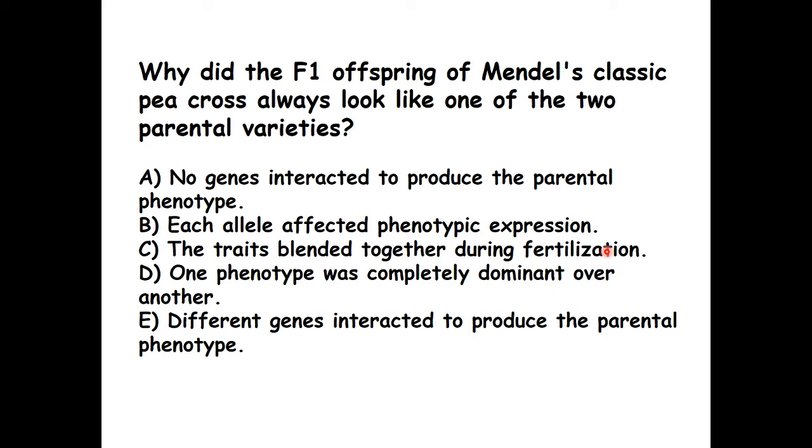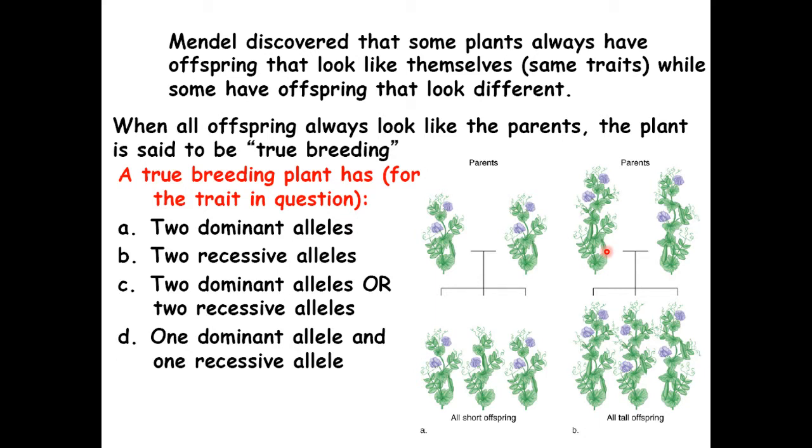Okay, you should know that, yeah, D is correct. So one of the phenotypes, the round seed, is always dominant over the other one. What about this one?